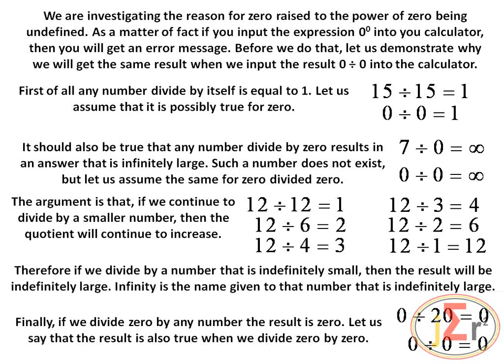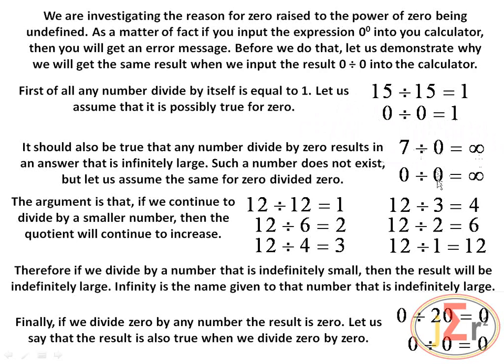So if we follow all of those three definitions, then we will get those three results. Any number divided by itself is 1. So 0 divided by 0 is 1. Any number divided by 0 results in an answer that is indefinitely large.